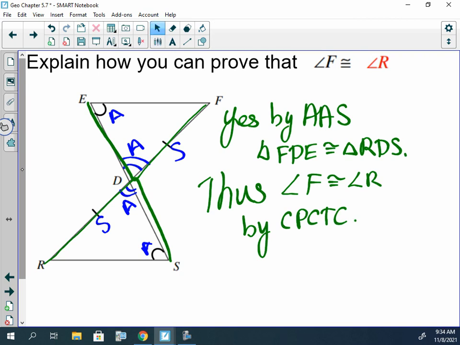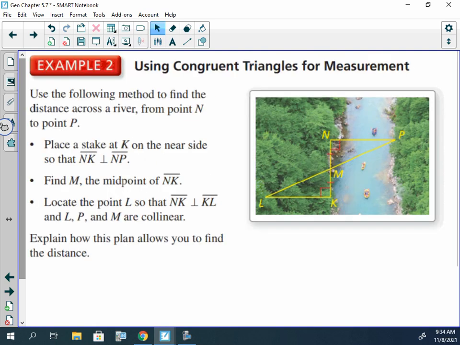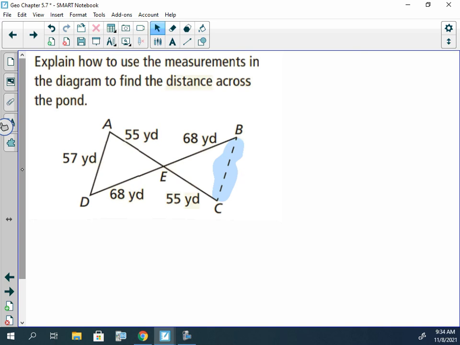Now on the test, I'm going to want you to write out the angles and sides that are congruent that we're using for side angle, side angle, side angle, and these here. Any other questions on this here?